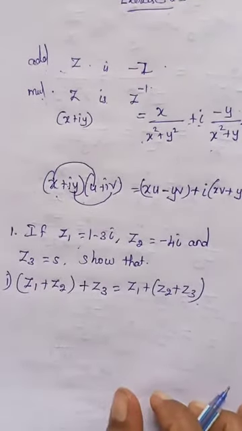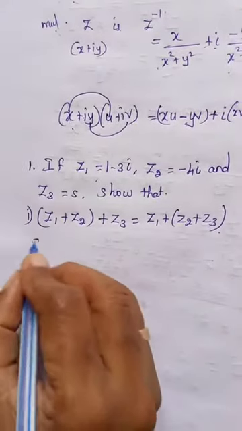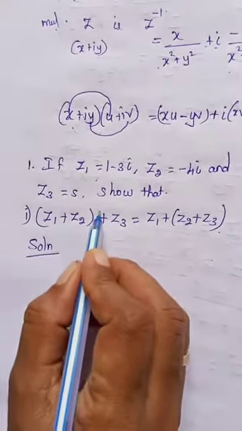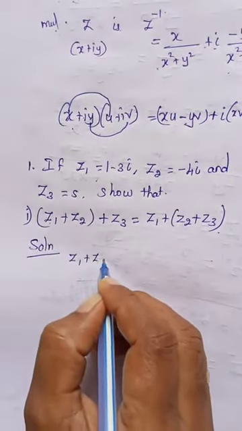This is the associative law in addition. Everything is given. I am going to simplify this one first, so first we add what is in the bracket.